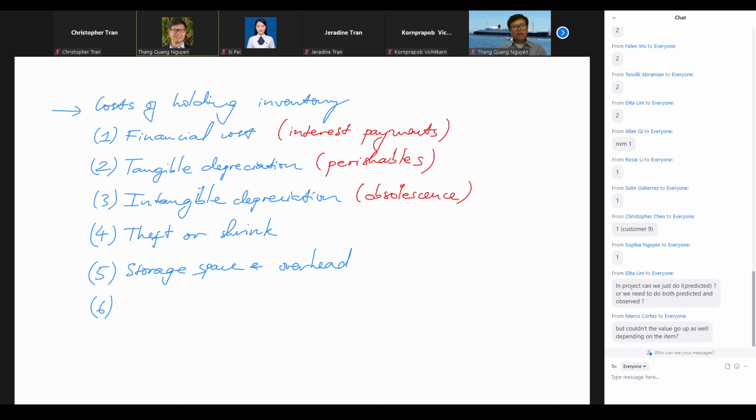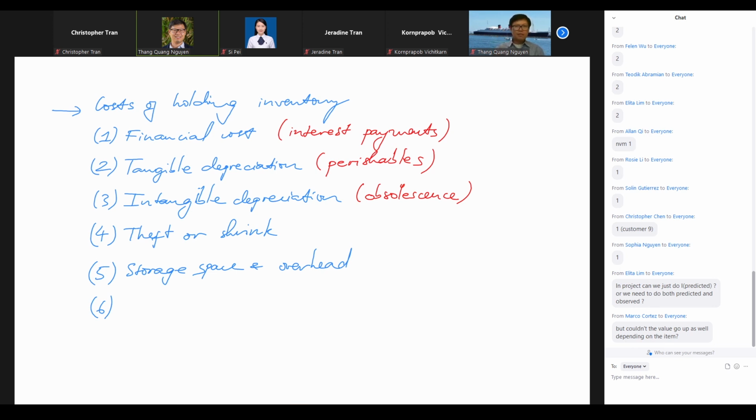And if the item has to stay longer in the inventory, then over time the quality will go down. The potency of the drugs will go down. And then at the end, you have to throw it away. I say throw it away, but normally they have to return it to the manufacturers so that they can handle the chemicals. We don't want to put the antibiotics into the environment, right? So they will do reverse logistics with the chemicals.